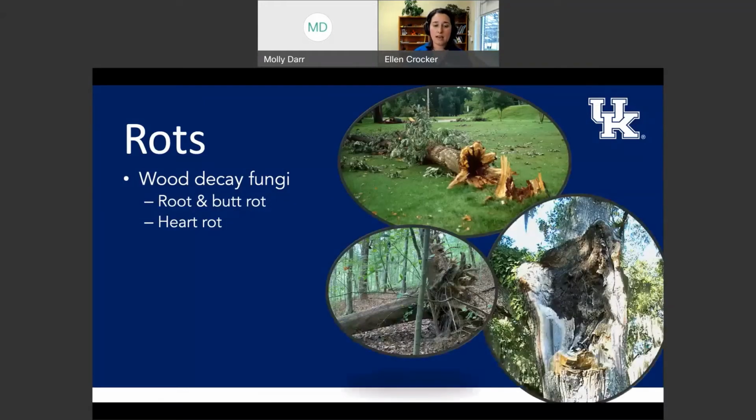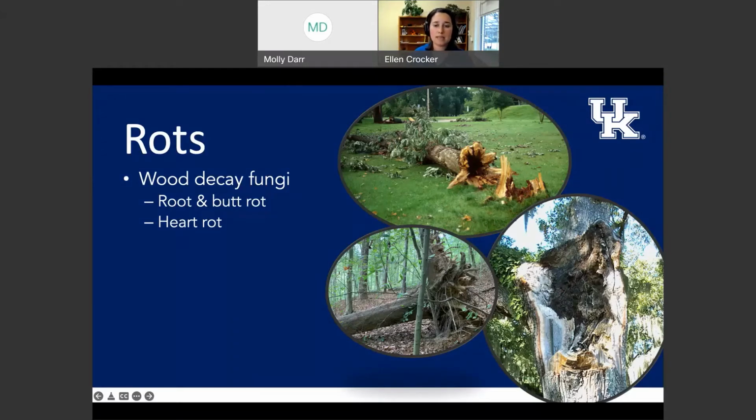You can have rot that comes in on the top of trees if you've had an ice storm or something. That top rot would impact the upper part of the tree. And these tend to be very different fungi from something that's going to impact the base of the tree or the root system.